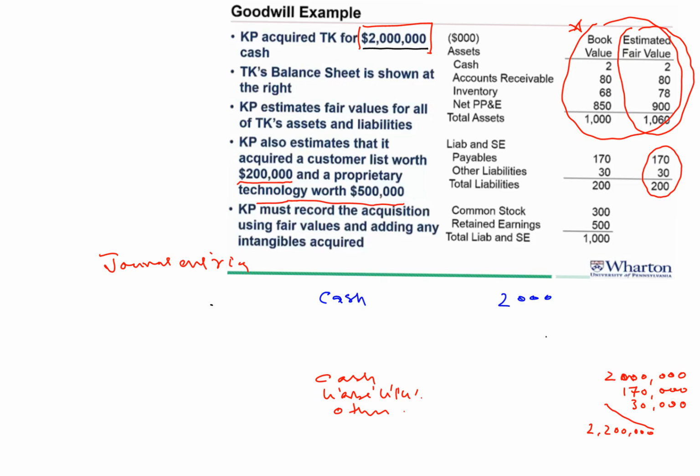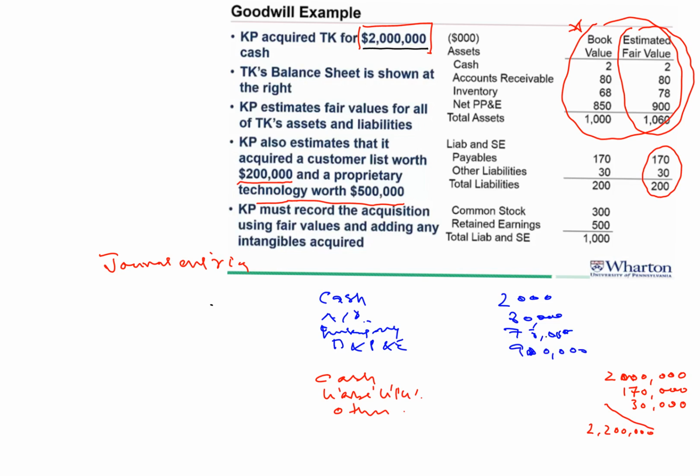Account receivables have been 80,000, and what else? 78,000 was what? Inventory, stocks, and we had property, plant and equipment, which was 900,000.